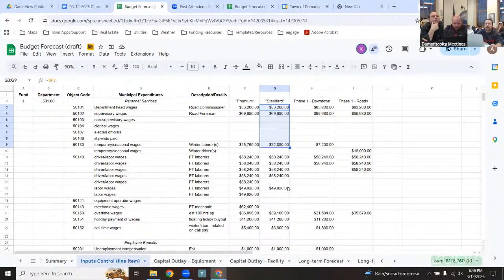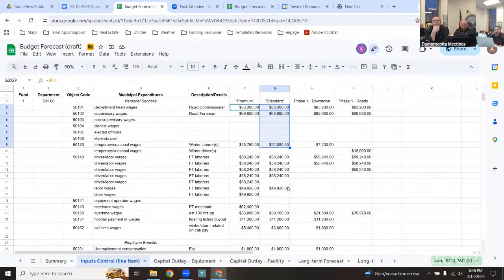Seven full-time and a couple temporary folks in the winter to help out, most likely. And on the premium level, I think it was 10 full-time equivalent, and then some additional seasonal help.